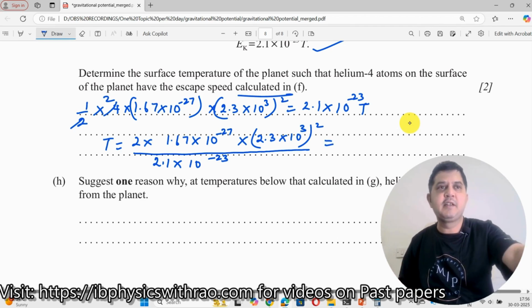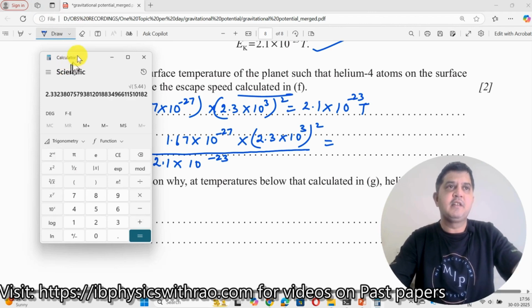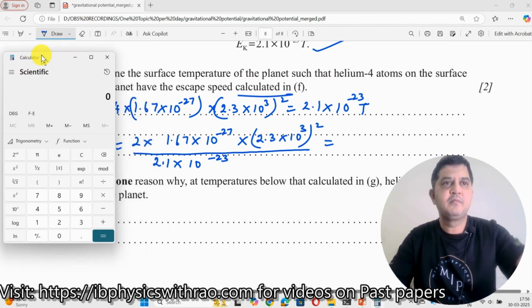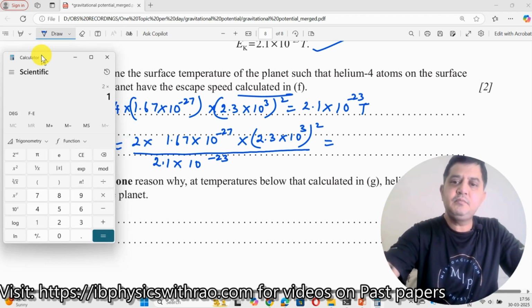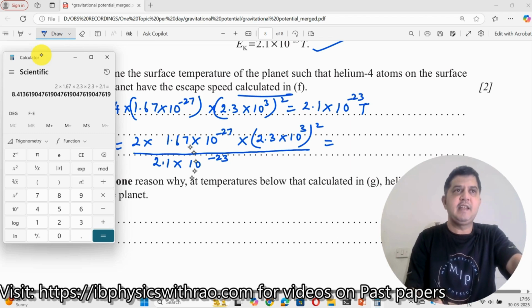When we do this, what is the answer we get? I'll just take only the values and then I can do the powers. 1.67 multiplied by 2.3 multiplied by 2.3 divided by 2.1.